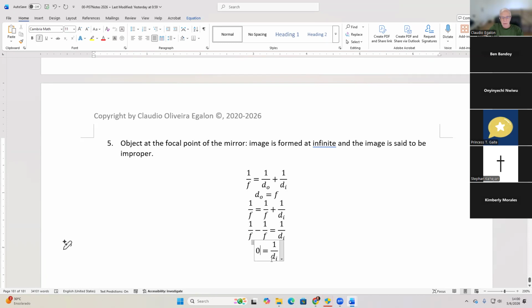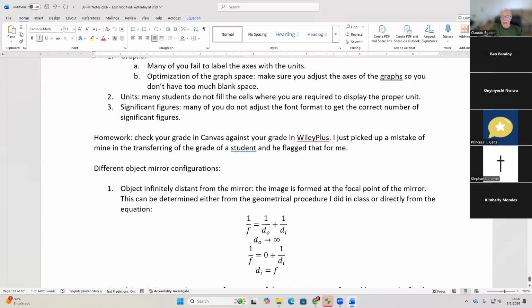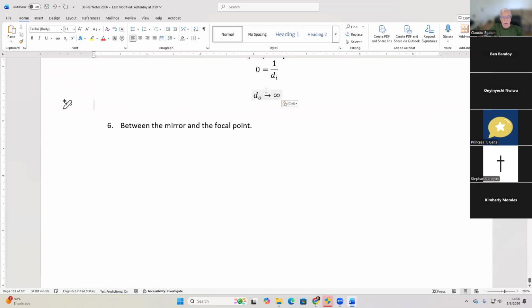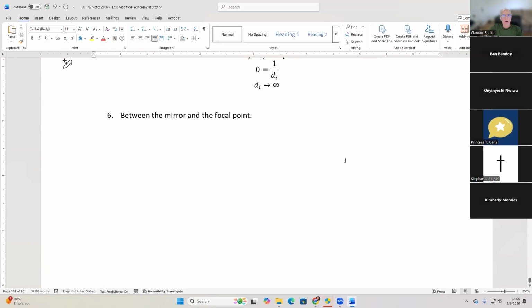The left side is going to be 0 only if di is equal to a very large number. That's the improper image.